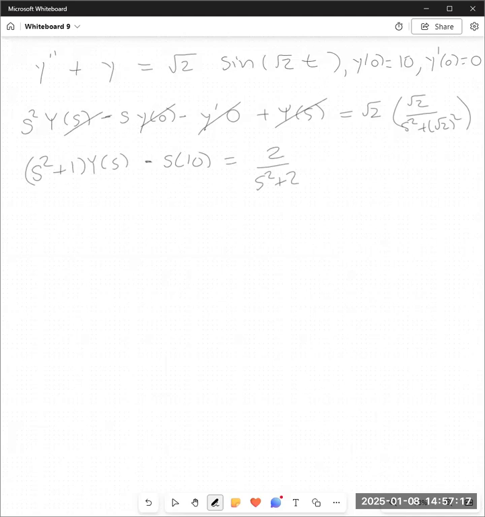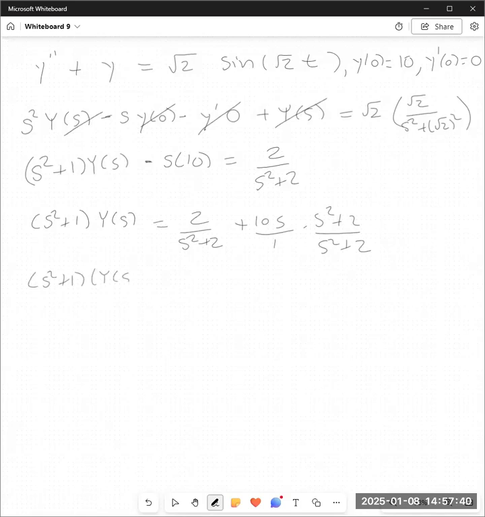And we're going to have to add 10s to both sides. s squared plus 1 Y of s equals 2 over s squared plus 2 plus 10s over 1 times s squared plus 2 over s squared plus 2. s squared plus 1 capital Y of s is equal to 2 plus 10s cubed plus 20s over s squared plus 2.